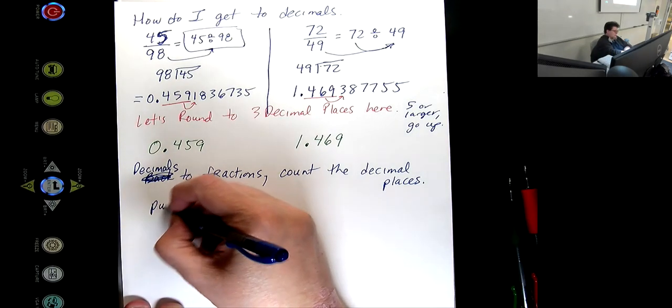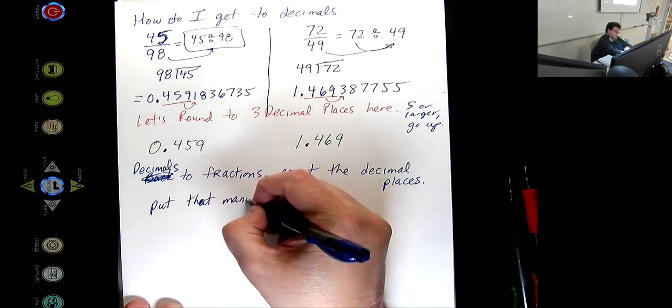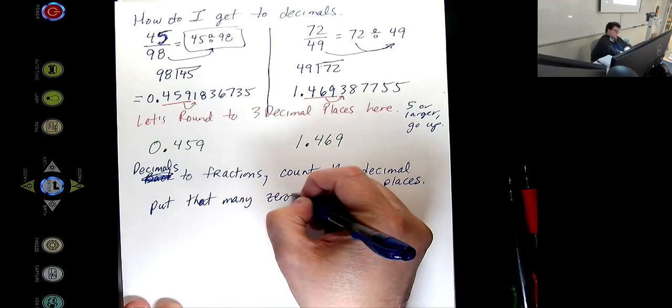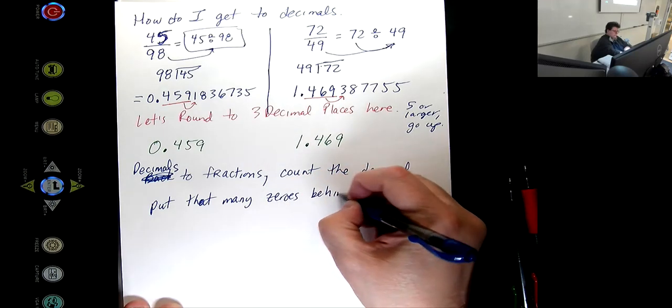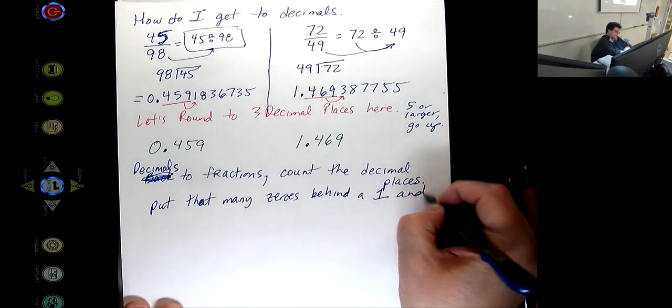Put that many zeros behind a 1. And make it the bottom of a fraction.